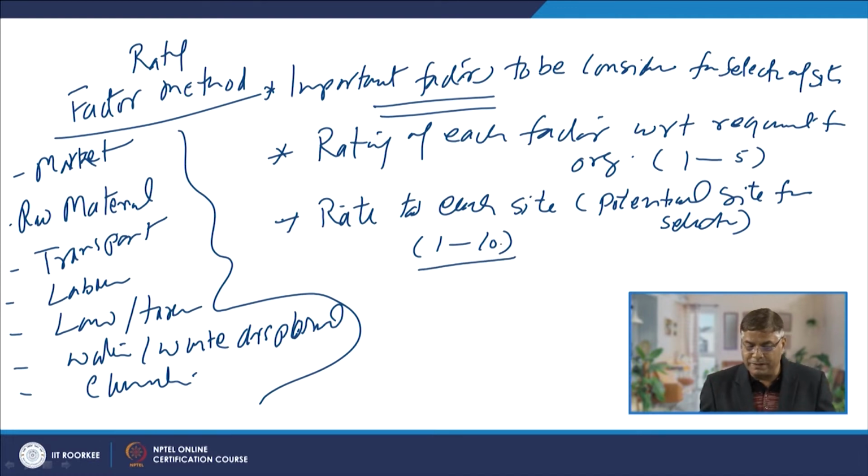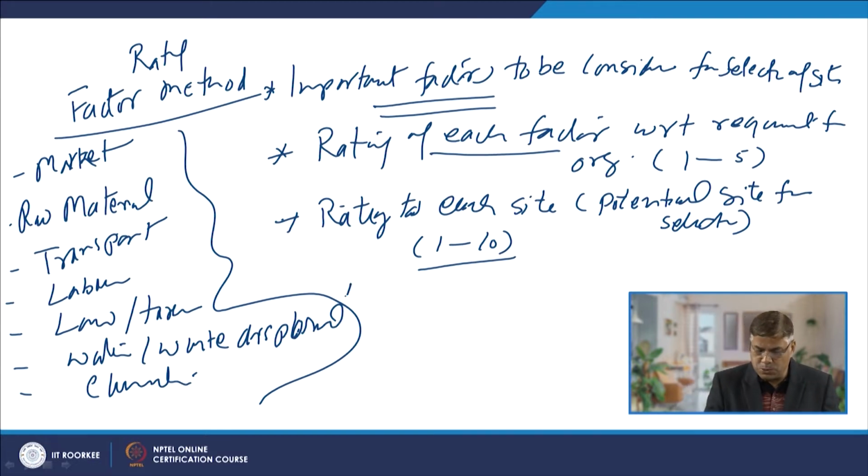So, basically we get two ratings: one rating of each factor with regard to its importance for a particular organization, and the second a rating of the particular site with regard to the suitability of the various factors for that particular site.